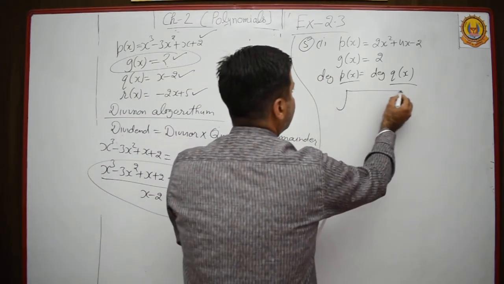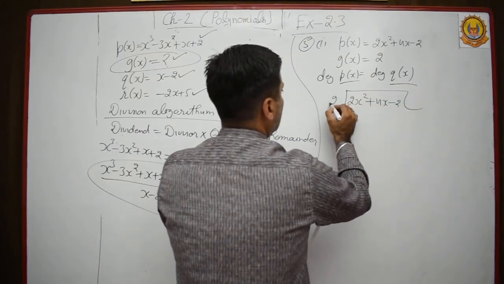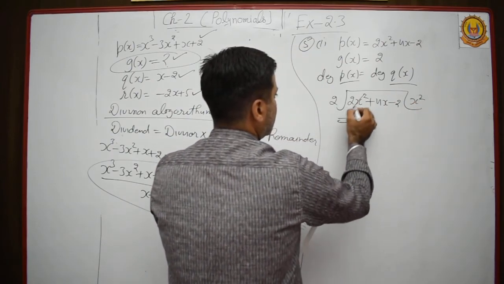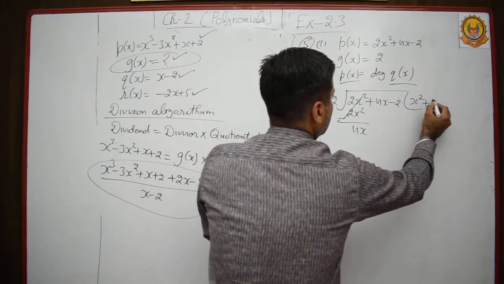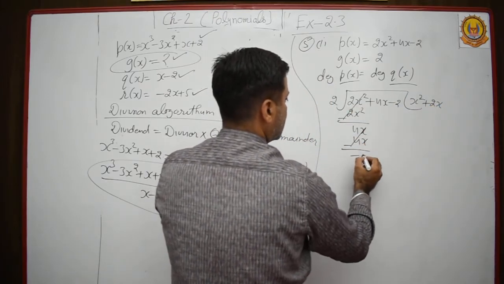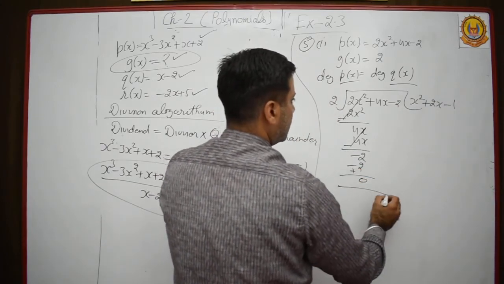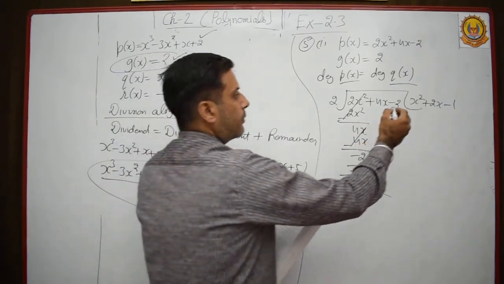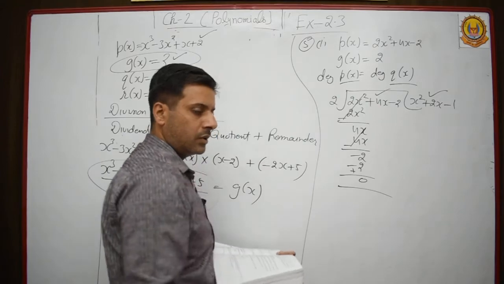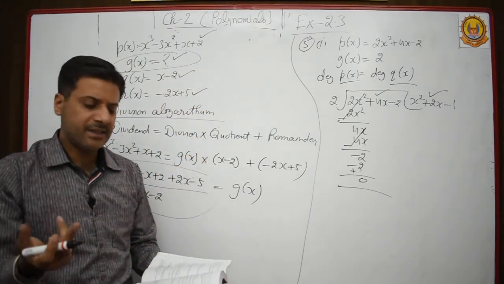So you can divide it, 2x square plus 4x minus 2 divided by 2, so x square plus 2x minus 1, so see, the remainder is 0. So now look at the degree of quotient and dividend. See, its degree is 2 and its degree is also 2. So this is an example, and you can take any example.